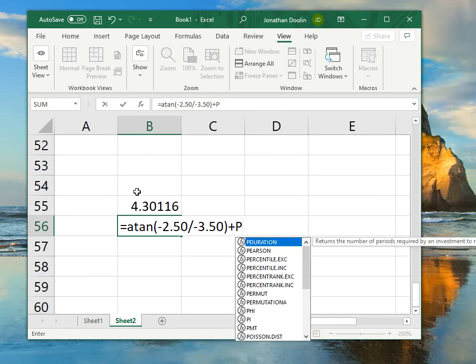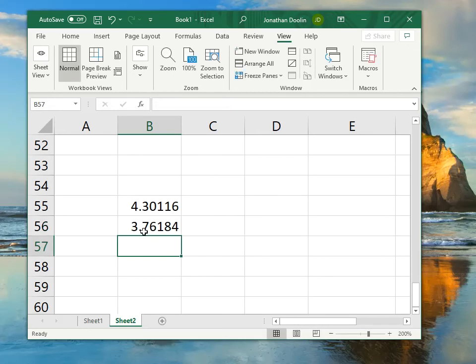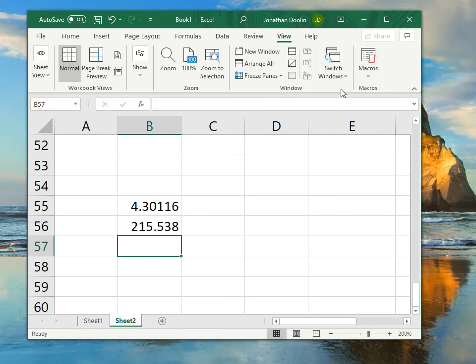I'm going to add pi because I don't actually know how to set this thing to degrees. There might be a way, but I'm not quite sure what it is right now. So instead of adding 180, I'm adding pi, and then I'm multiplying it by 180 divided by pi. And I'm getting an angle of 215.5 degrees.